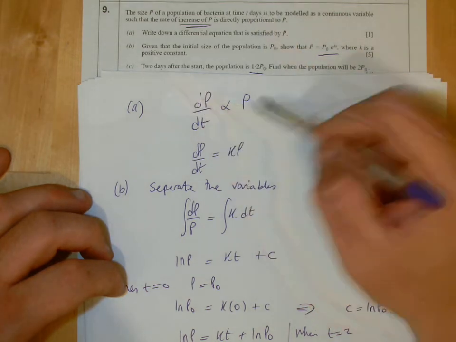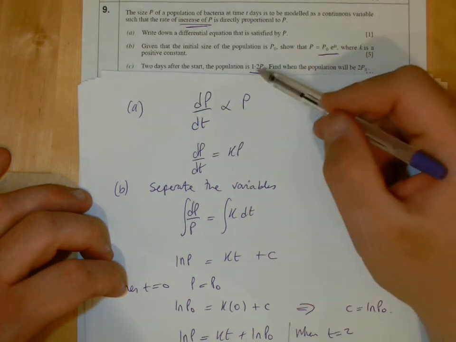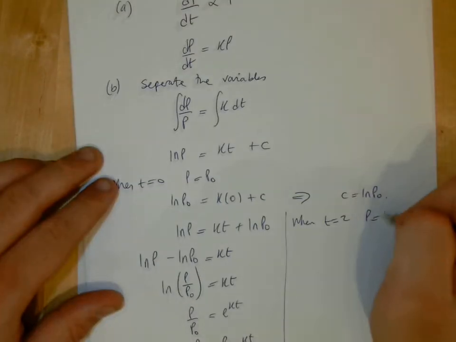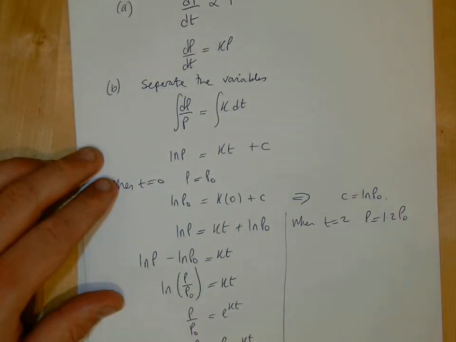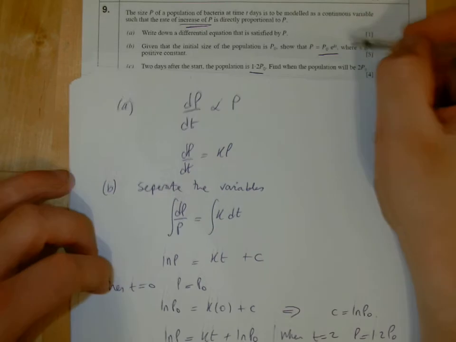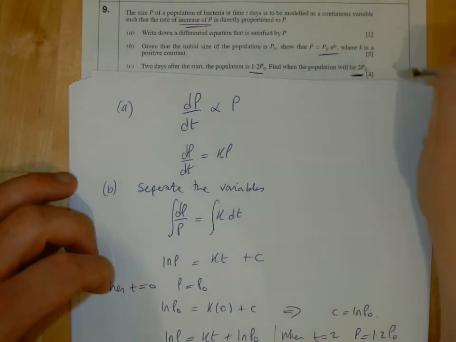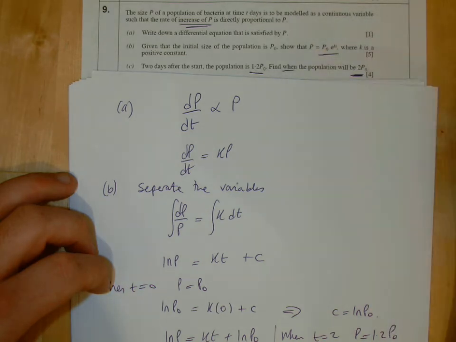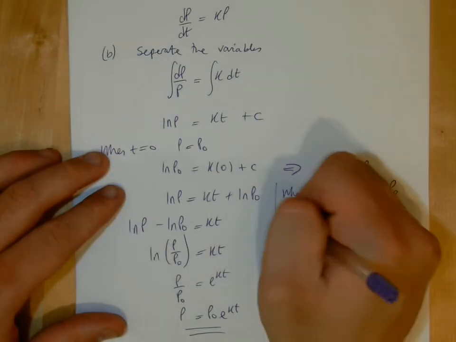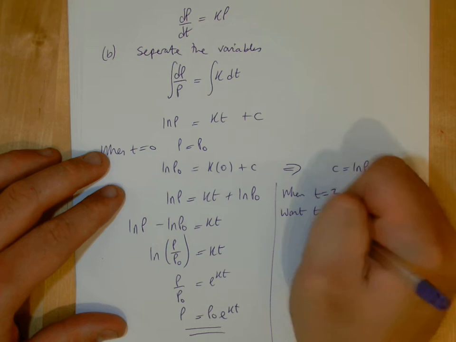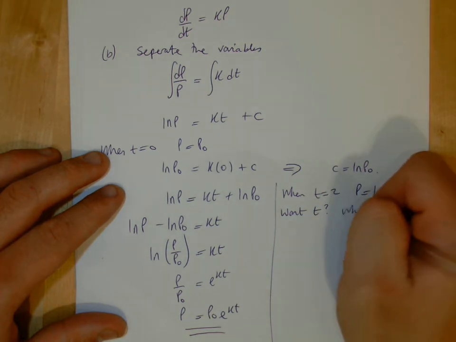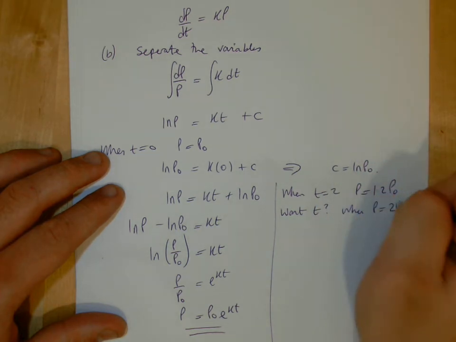Days in this case, so 2 days, t will be 2, and population will be 1.2 P0. Okay, what do they want? It says find when the population would be 2 P0. So we want the time, which we don't know, when the population is 2 P0.